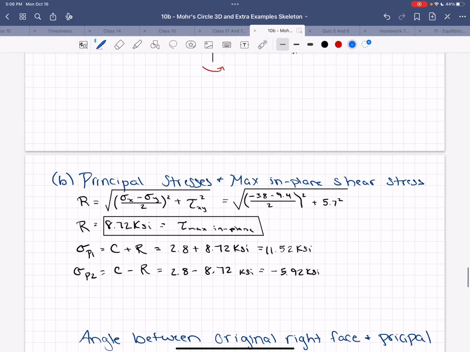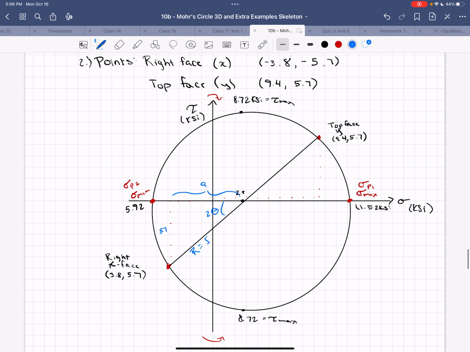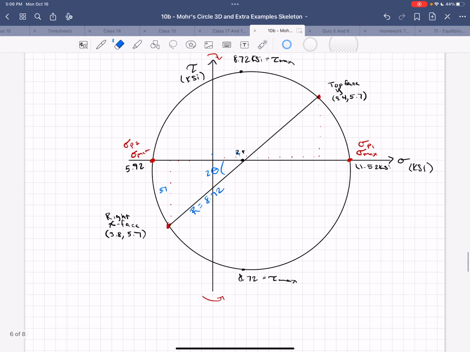So the radius is 8.72. This makes it even easier. We want to make things as easy as possible. So now with that we can do, this is the opposite and this is the hypotenuse, so we can do the sine of 2 theta equals the opposite over the hypotenuse.